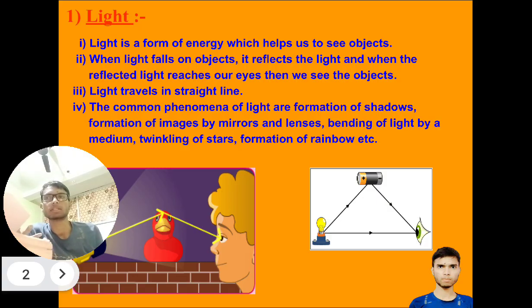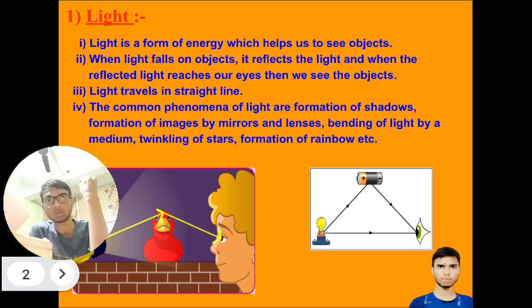Without light, objects cannot be seen. Our eyes will not be able to see any objects without light. If there is no presence of light, then we cannot see anything. In daily life, we observe a lot of objects.